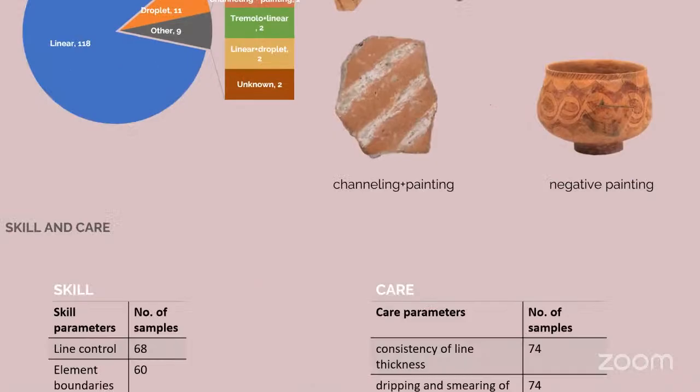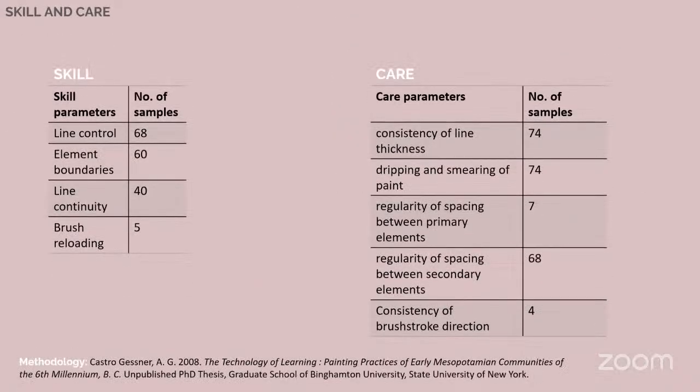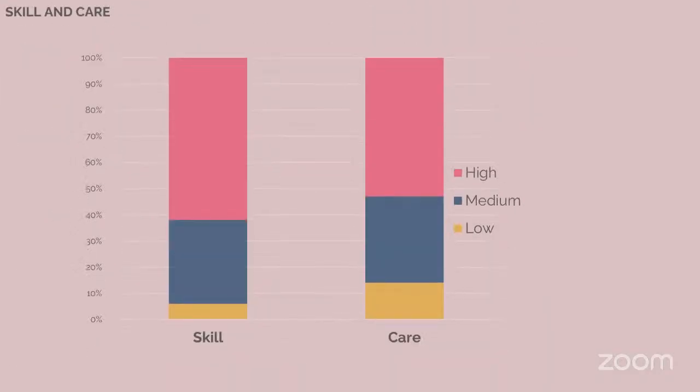And now we'll move to the skill and care of painting. It is assessed through these parameters, but I couldn't measure all the parameters on all the vessels. Usually vessels in Grivac were painted with high skill and high care.